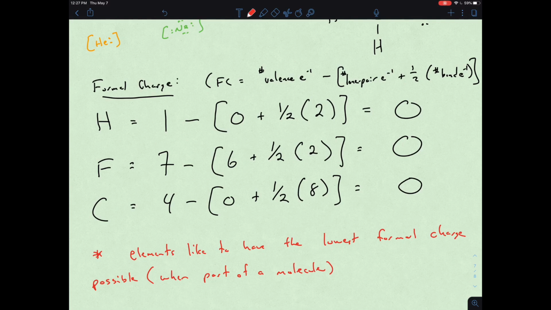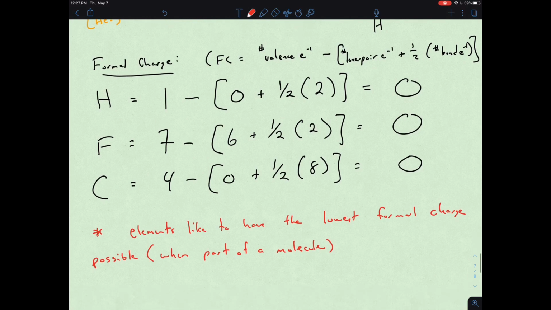Right, and realize that elements really like to have the lowest formal charge possible when they're part of a molecule.